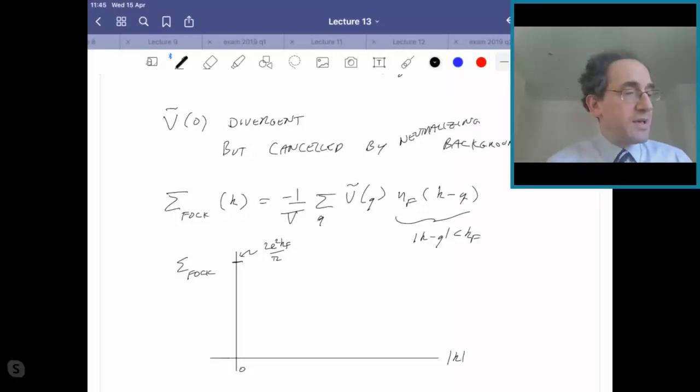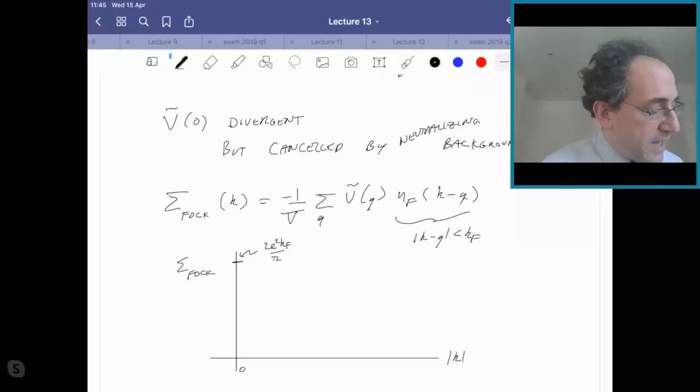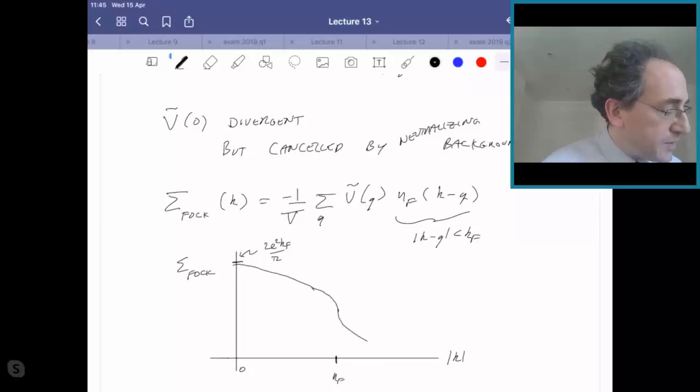I'm not absolutely positive I have this number right in my typed notes, but I can check it in the handwritten notes. And then we have kf here. And this drops as you get to higher q, and then drops algebraically here.